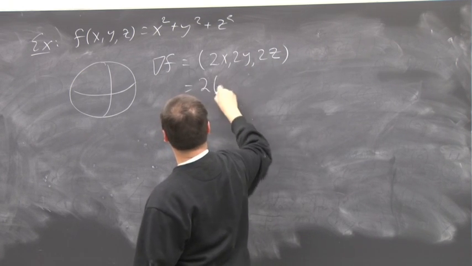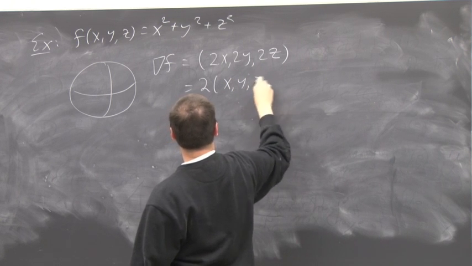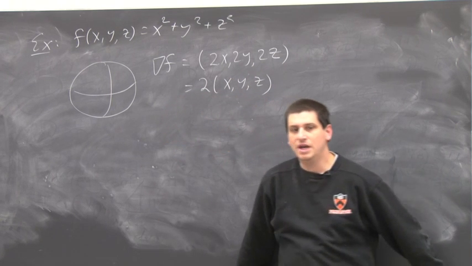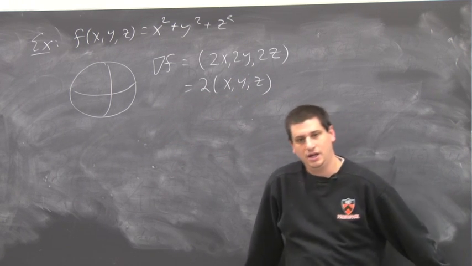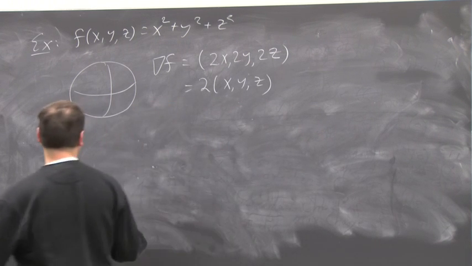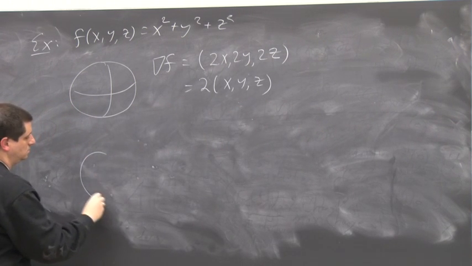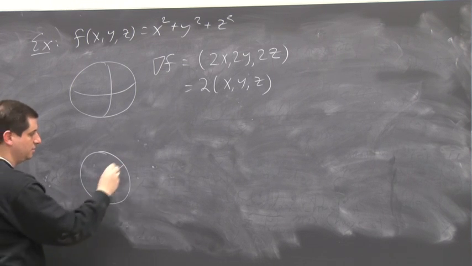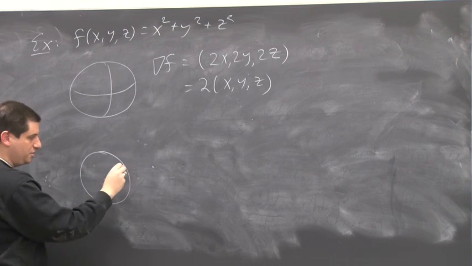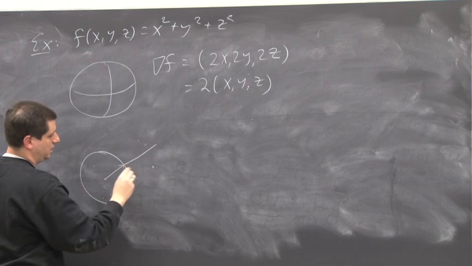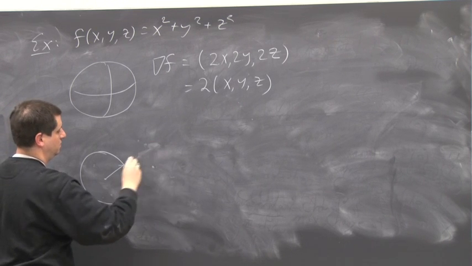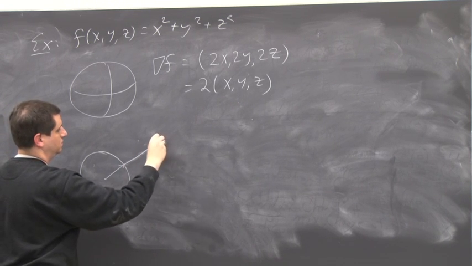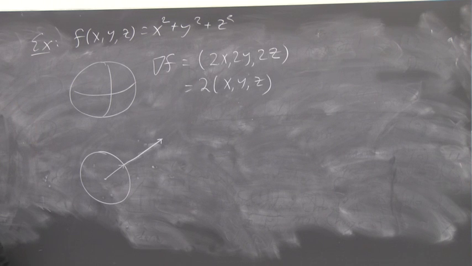Or if I just pull out the 2, I just get x, y, z. This is interesting. I'm going to draw it in 2 dimensions just to make it a little bit clearer. Here's the origin. Here's some point. I'm on the sphere. And now, whoops, there's my gradient.